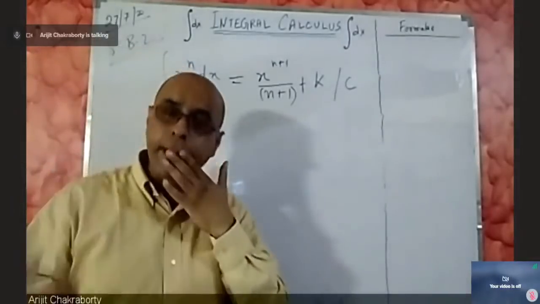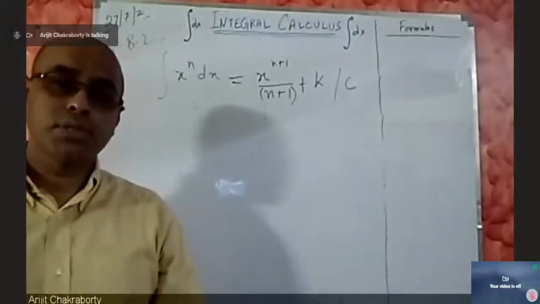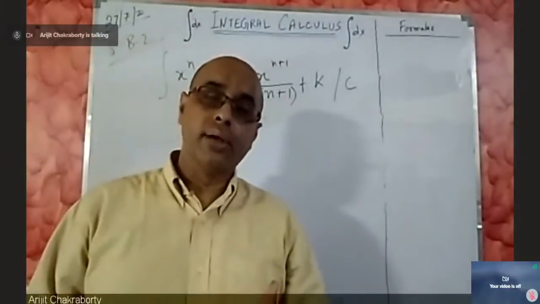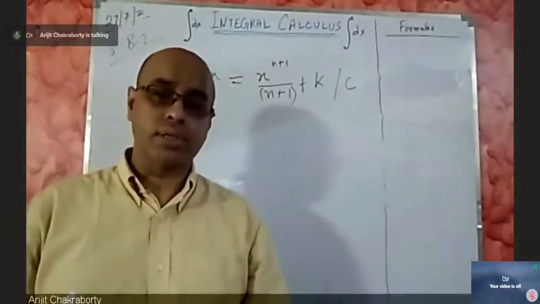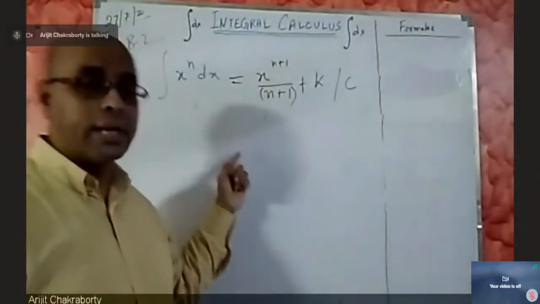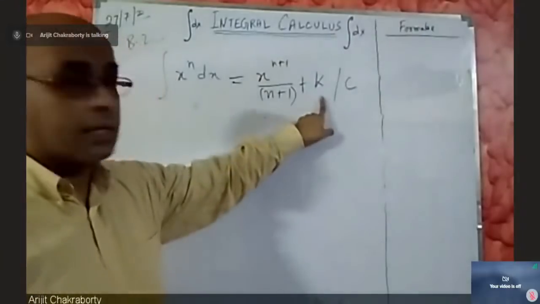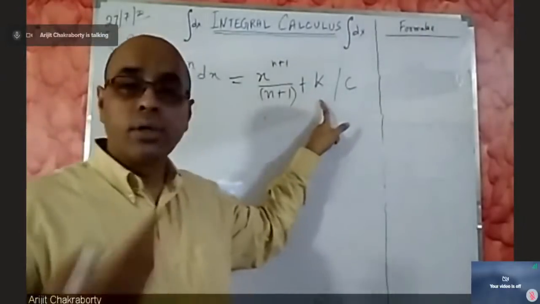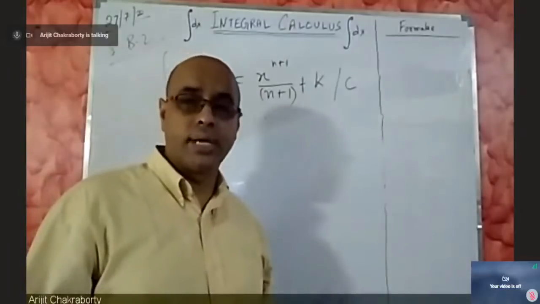And for every question which comes on integral calculus, especially those on indefinite integral, please remember, in case of indefinite integral, you have to add the constant of integration. Otherwise, the answer will be wrong in the exam.